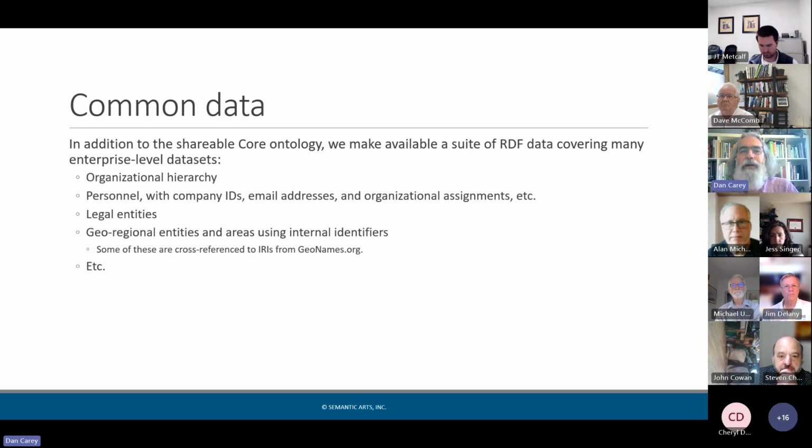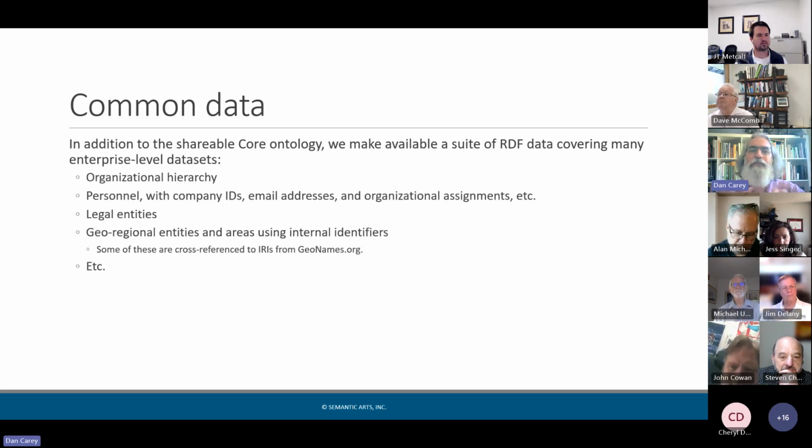We bring in all of the Morgan Stanley legal entities that are important to various contracts and agreements. We bring in some geo-regional information. They have a whole set of identifiers for different countries and cities, in-betweens, and then also conglomerations of regions, all using a certain set of internal identifiers.